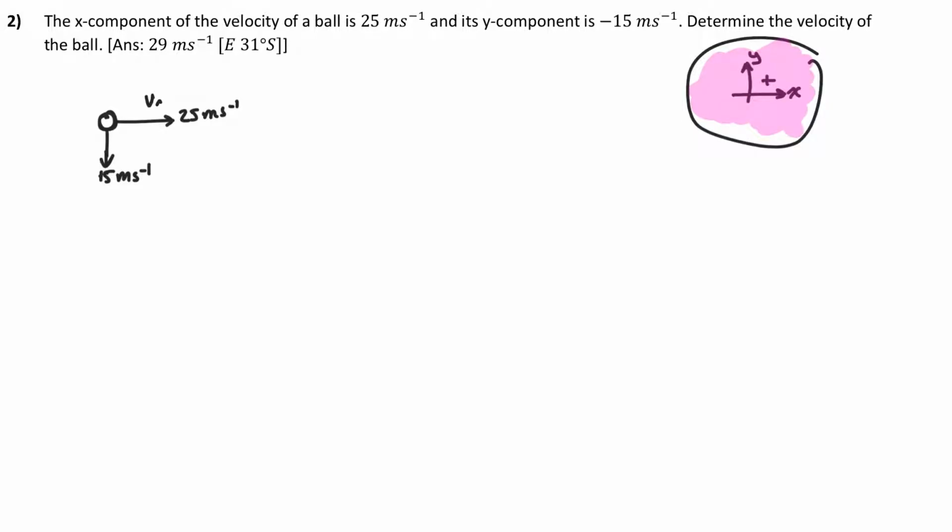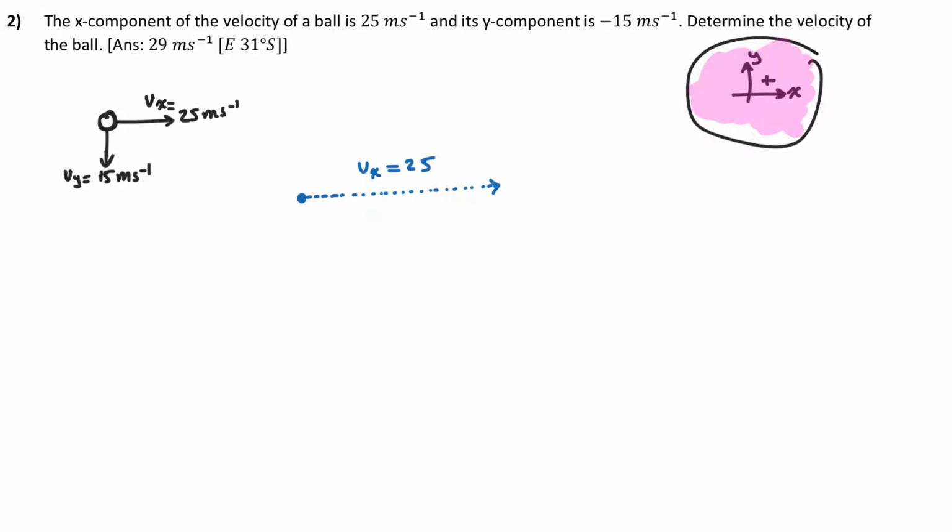Now I have the x components and the y components of the vector. I'm going to draw them and connect them, so the two components will add up to the actual vector. Starting from here, I'm going to draw my Vx first, and you can draw your Vy first too, it doesn't really matter. This is Vx, the x component of velocity, with a magnitude of 25.